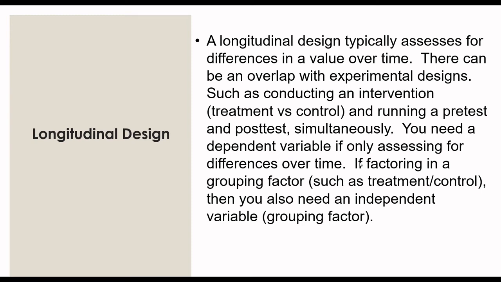If in the same example, you had a treatment and control in the classroom, so a group of nurses, half are put in treatment, half are put in control. You have a pre-test, an intervention, and a post-test. Then you need that grouping factor, which would be treatment or control in this example.